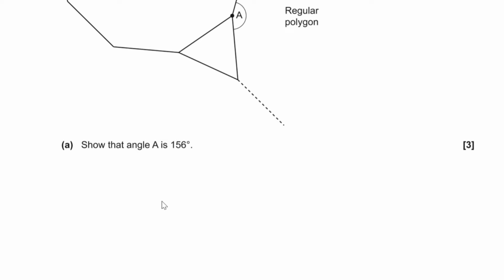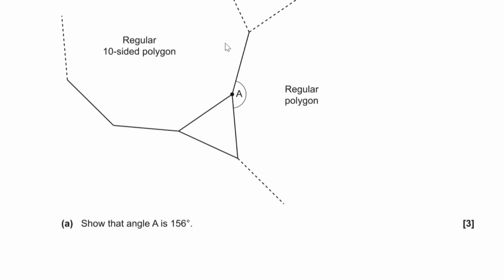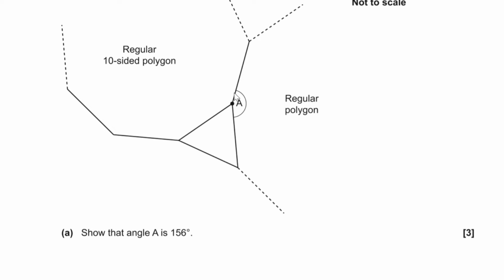Well, what we need to do is find out what the interior angle is of the regular 10-sided polygon, the equilateral triangle, from which we can find the interior angle A.